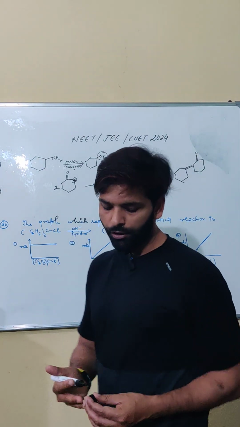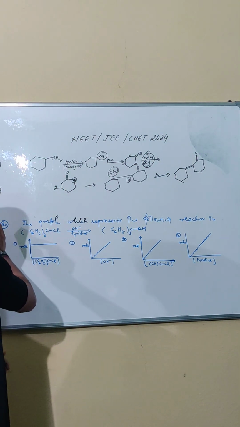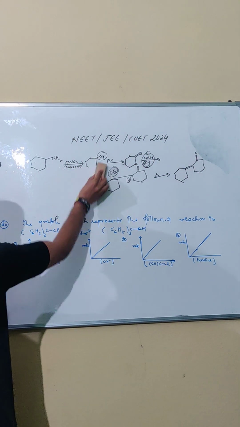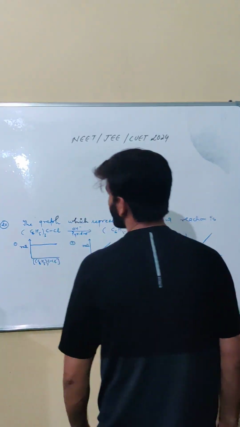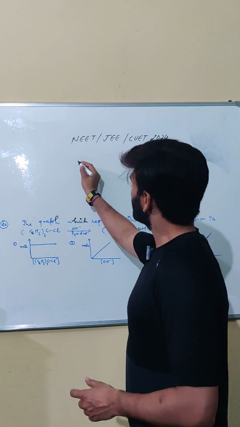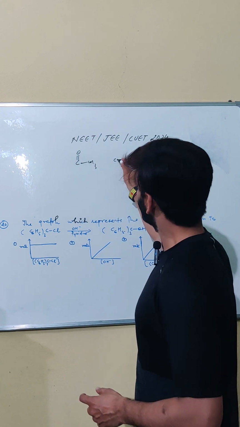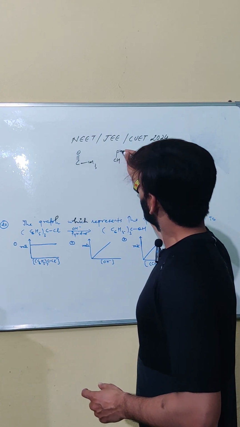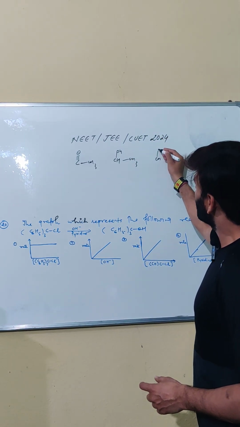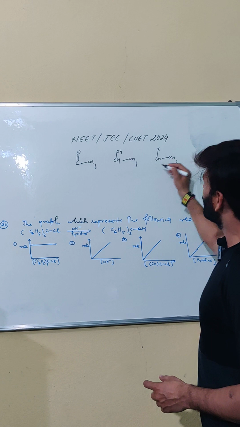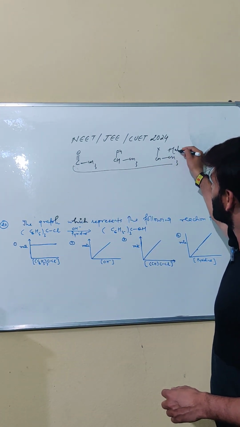Now in the 19th question, we are given some molecules and we have to tell which molecule will give the iodoform test. In order to find a molecule which will give the iodoform test, we know that compounds having this group, methyl ketone, methyl alcohol and methyl halogen, this type of compound gives the haloform test.